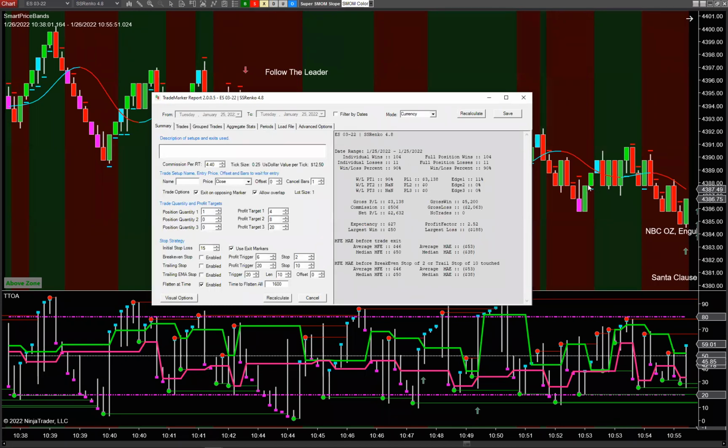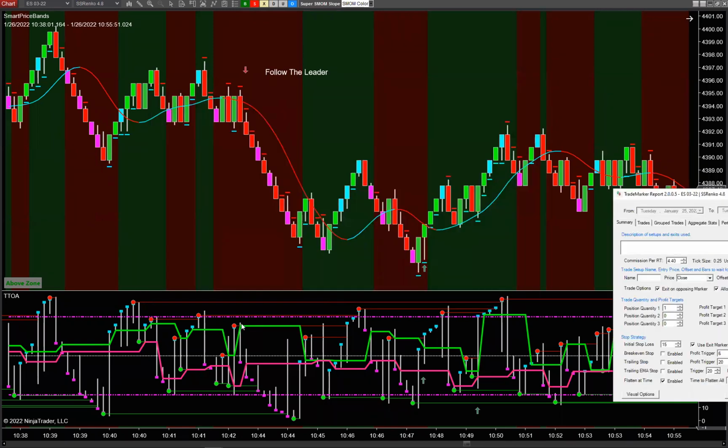If it looked like it was going fast, or trade market said it's going too fast, I didn't put it in there. This is not a misrepresentation of anything. This is just simply the follow the leader. My reversal bar doesn't get through the zone, but my continuation bar does, and I'm breaking under.